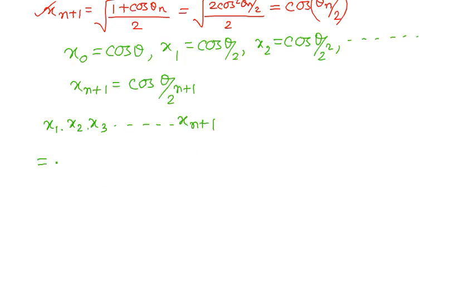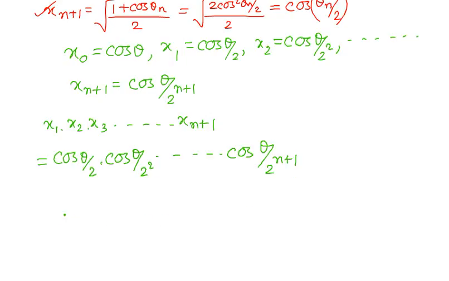So this quantity is equivalent to cos theta by 2 into cos theta by 2 squared. In this way it will continue up to cos (theta/2^(n+1)).